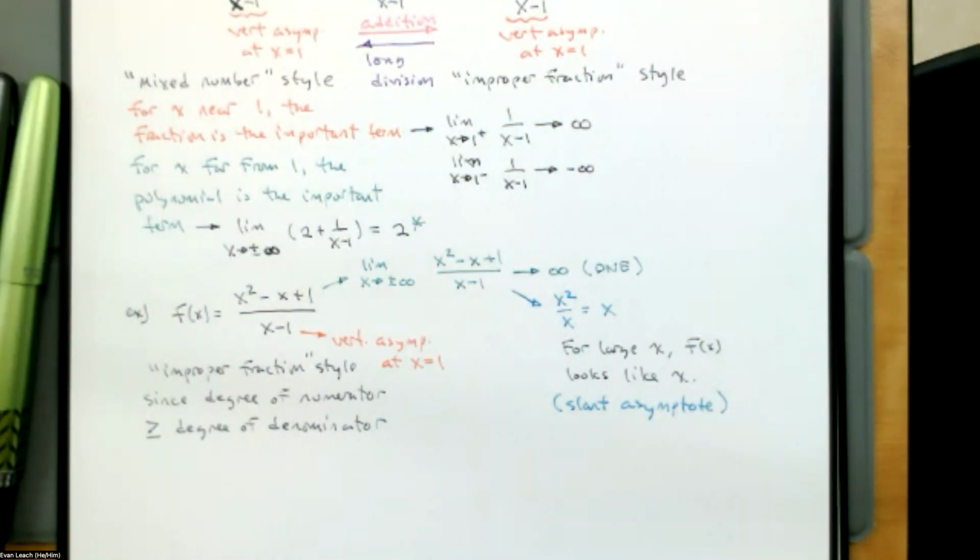So for large values of x, f of x looks like x. Now, we're looking at the improper fraction form, or the improper fraction style of this function.